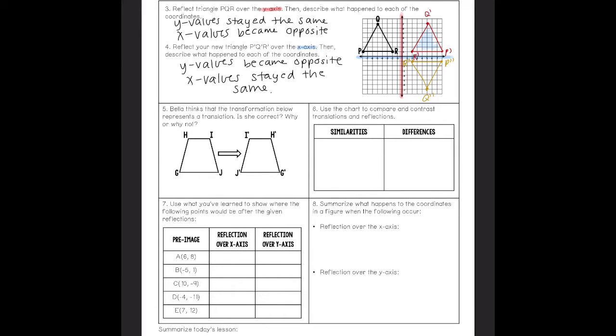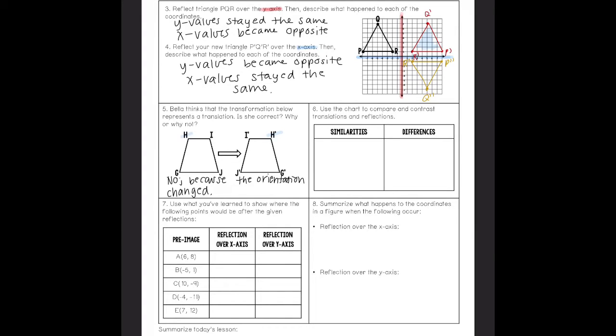But if we look at where the letters are located, are they in the same position? No. So is the orientation the same? It is not. So we want to say, no, this can't be a translation because the orientation changed.